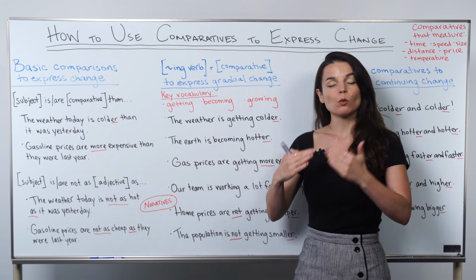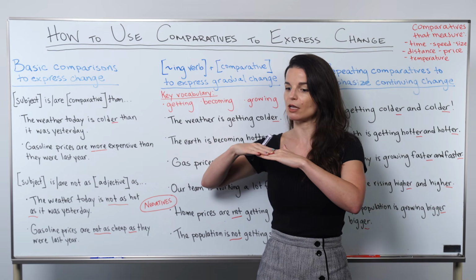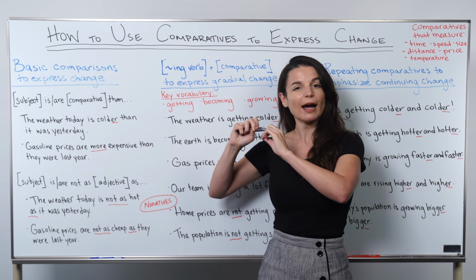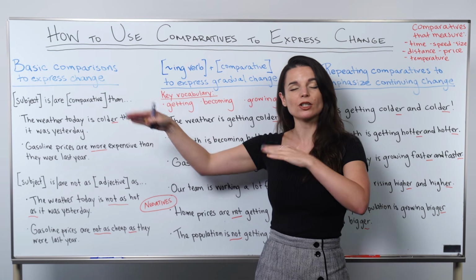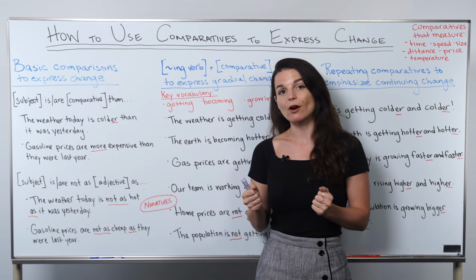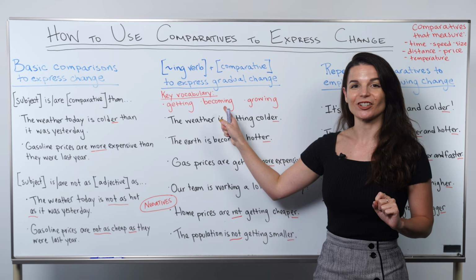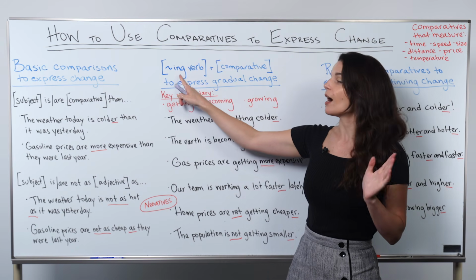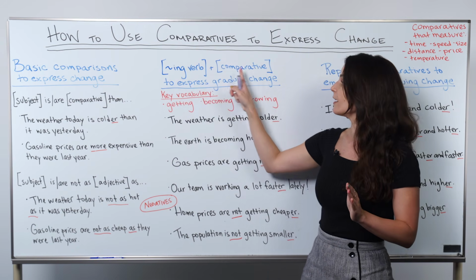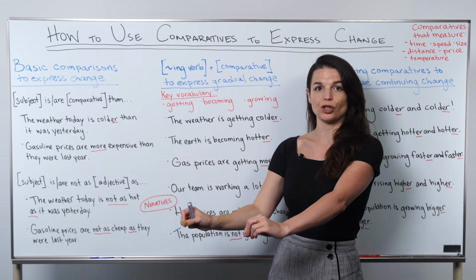But sometimes we want to talk about change that is continuing, or change that started in the past and is continuing to change. How do we express that kind of change? We still need to use comparatives to do this, but we make a change in our sentence structure too. That is by using an ing verb and the comparative form. This expresses a gradual change.